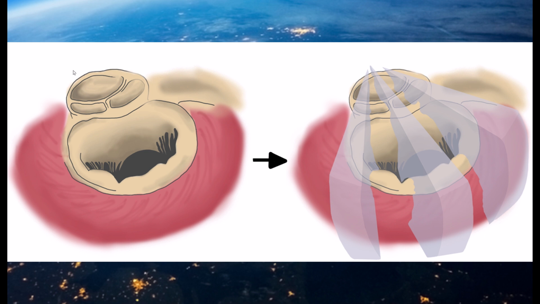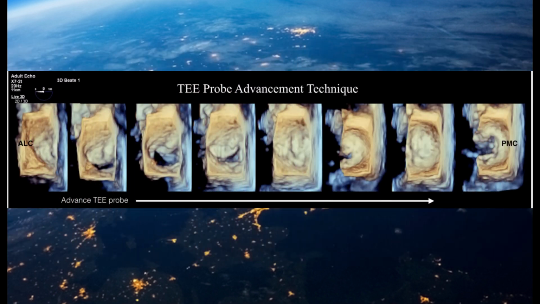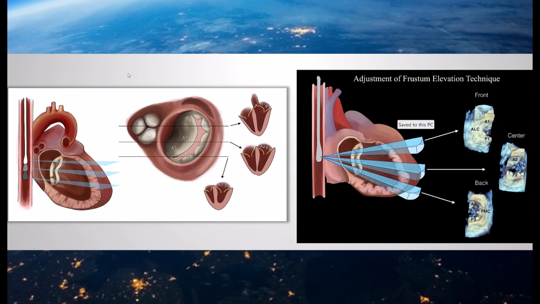Now there are three different ways of doing it. Number one is simply moving the probe from the upper esophagus from the anterolateral commissure to the posteromedial commissure. That is an extension of the monoplane examination of the mitral valve. Number two is simply changing the elevation width of the frustum that is coming out of the TEE probe, either front elevation, central elevation, or back elevation.